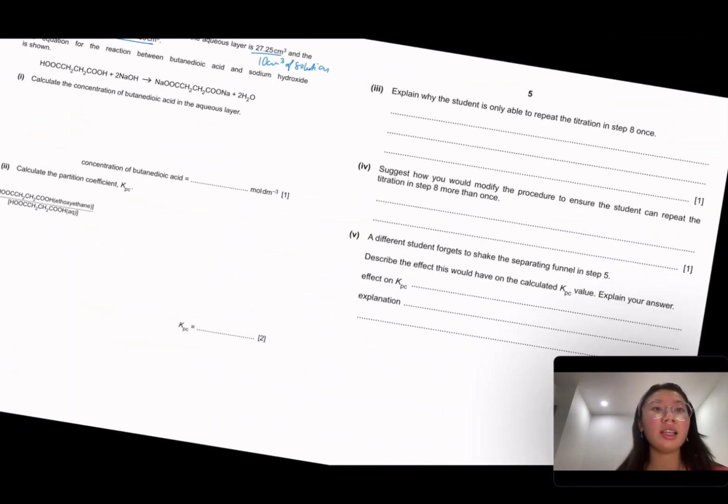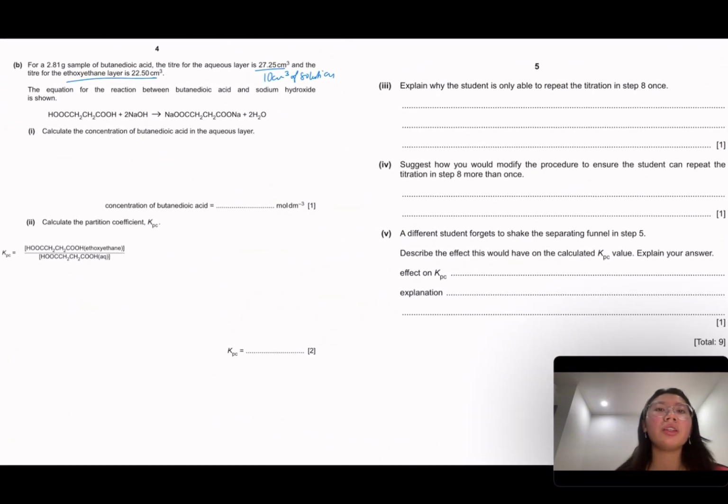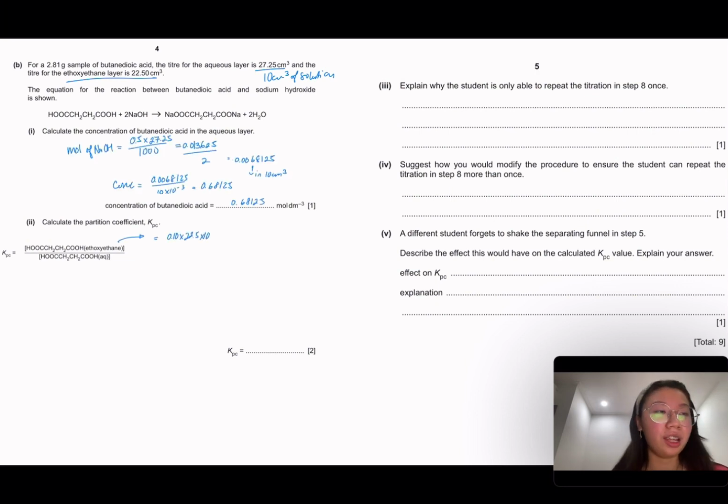Alright, next question. For a 2.81 gram sample of butanedioic acid, the titer for the aqueous layer is 27.25 centimeter cube, and the titer for the ethoxyethane layer is 22.5 centimeter cube. The equation for the reaction between butanedioic acid and sodium hydroxide is shown. Alright, so we can see the ratio is 2:1, and again we were given the concentration of NaOH on the earlier page.